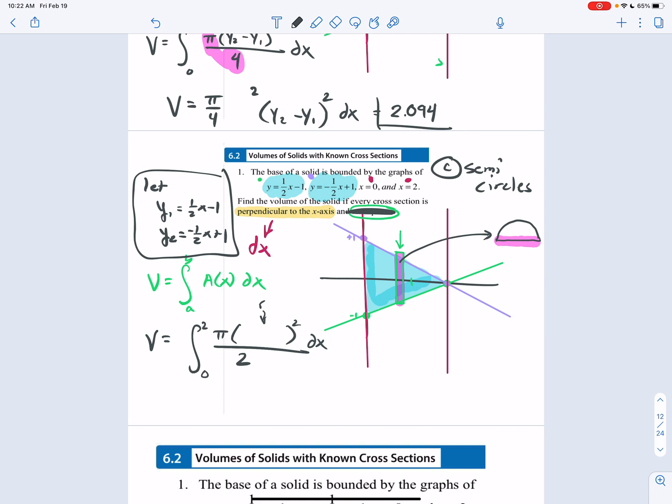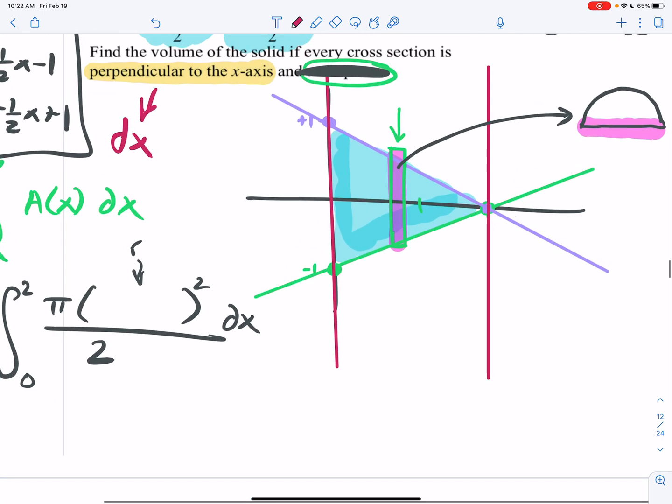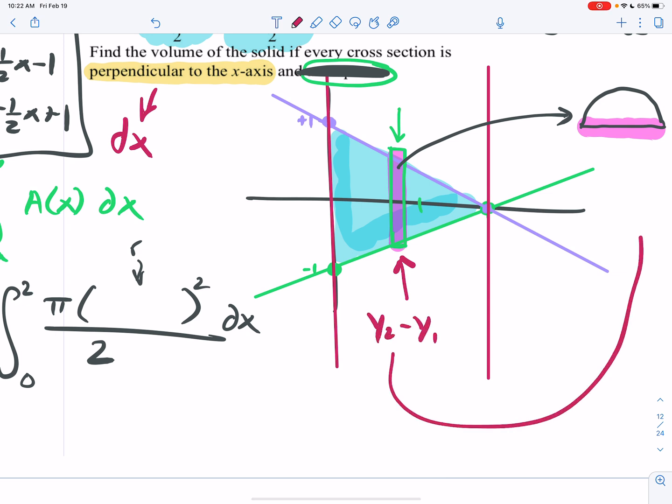Make sure you guys focus on this problem. It's almost always on the AP exam, okay? How would I get the radius? So notice how this right here, if I did top minus bottom, will that represent the radius of that semicircle? Okay? Notice how that highlight goes all the way across over here, right?